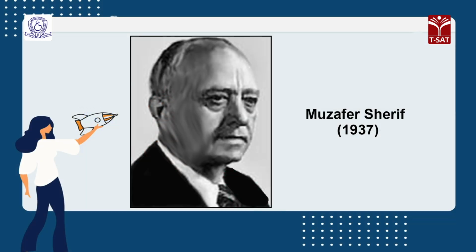Sherif realized in 1937 in his experiments that he could use the situation to study the emergence of social norms. This is so because there is considerable ambiguity about how much the light is moving, and different people perceive it as moving different distances.